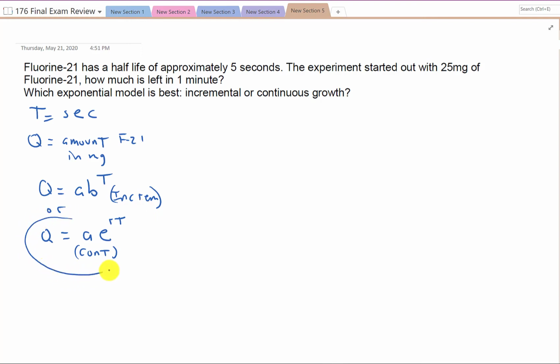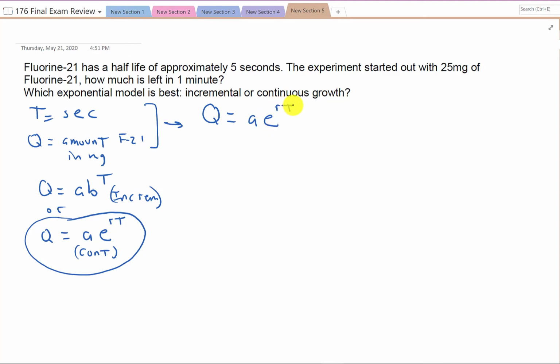So really, the continuous model is our best choice. Technically we can get away with the incremental one, but if we're looking for the best model, let's go with the continuous model. So we have q equals a e to the rt.